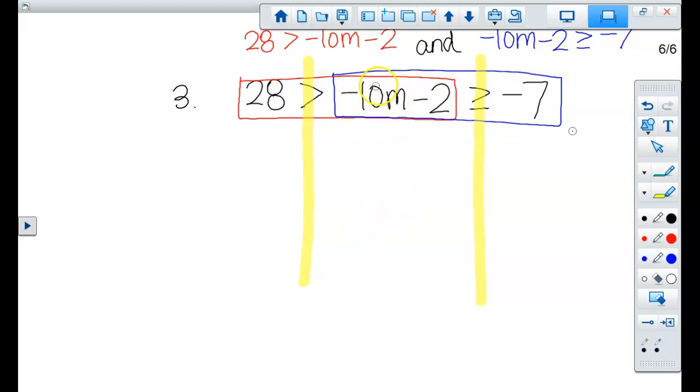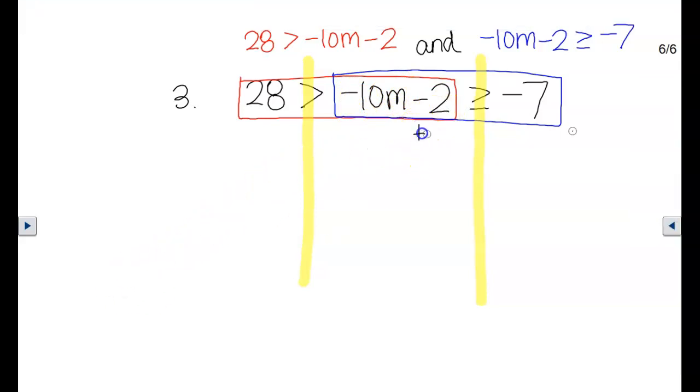So my goal here is to solve for m. I want m to be alone. So if I'm going to get m by itself, the first thing I have to do is get negative 10m by itself. And I can see that minus 2 is hanging on in there, preventing that from happening. So to cancel that out, I would add 2. Now if I add it here in this middle section of the problem, I have to add it over here on the left, and I have to add it over here on the right.